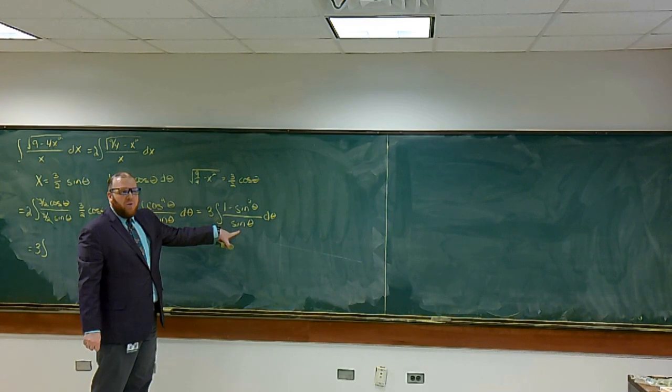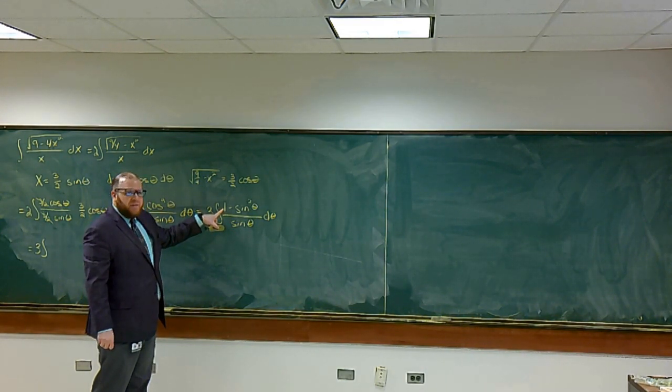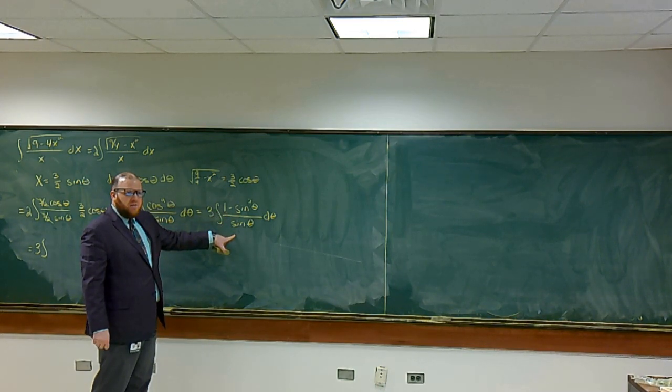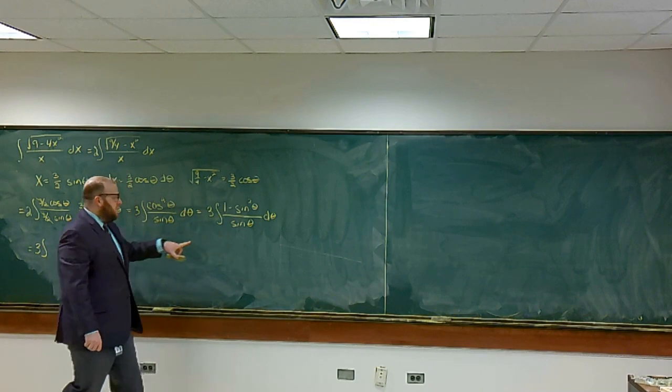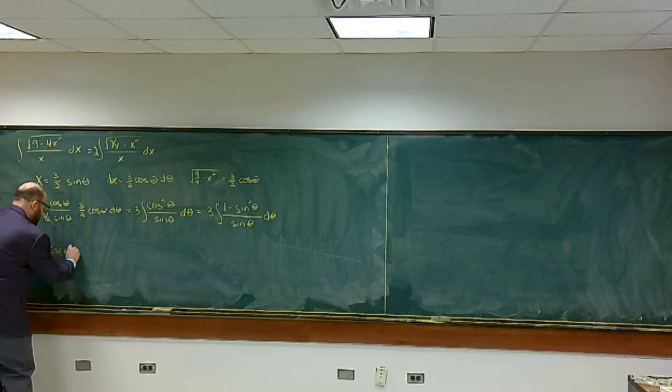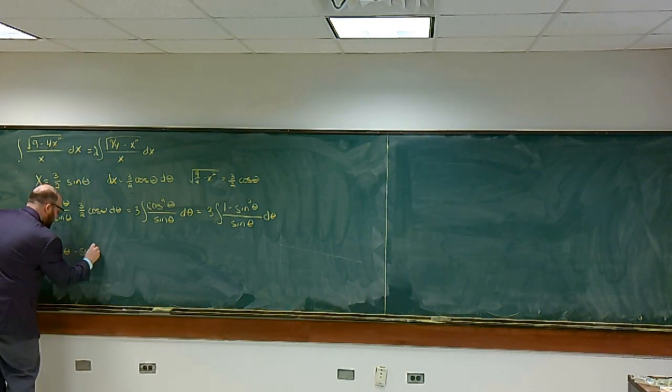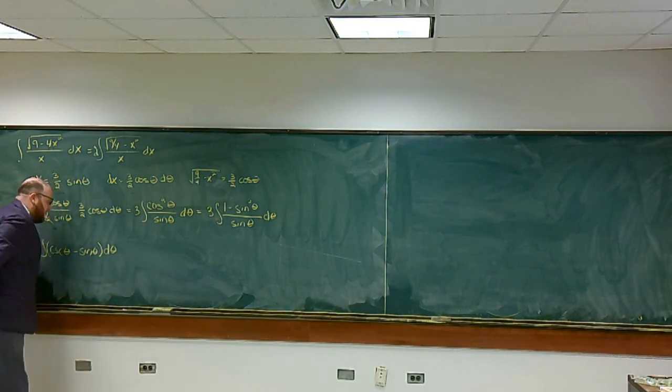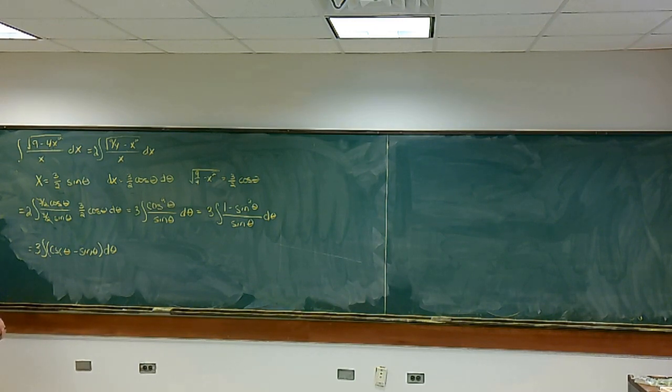But that denominator is a monomial, so I can split this into 2 fractions. 1 over sine minus sine squared over sine. And then sine squared over sine is just going to be sine. And what's 1 over sine? 1 over sine is cosecant. There's our integrand.